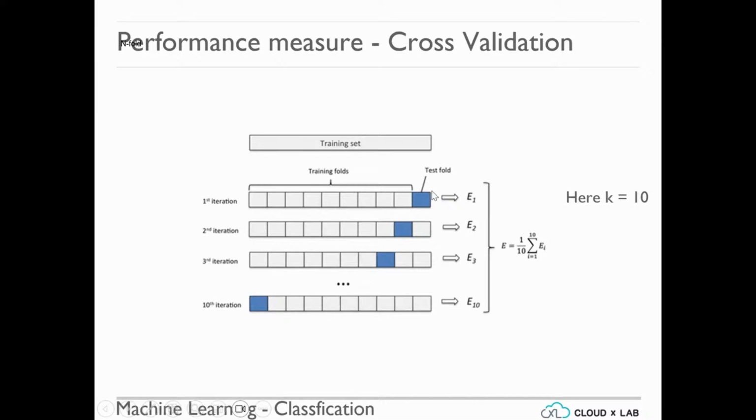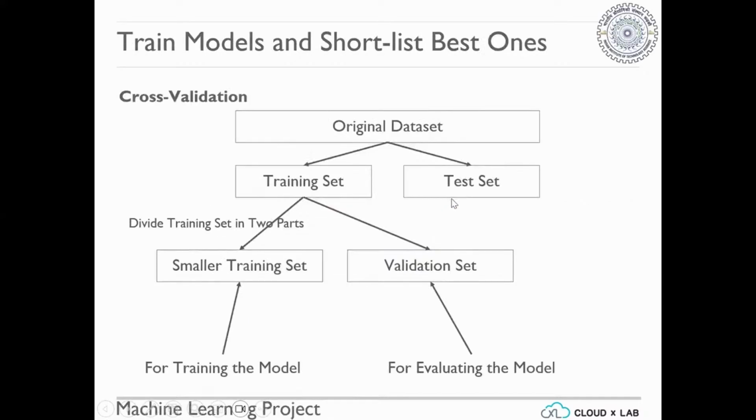We don't want to rely on one split; rather, we want to rely on the average of different splits, because a split can be unlucky. If we train our model using this data and test it using validation data, the assumption is that this validation data is a good proxy for future data. But this condition may or may not be true.